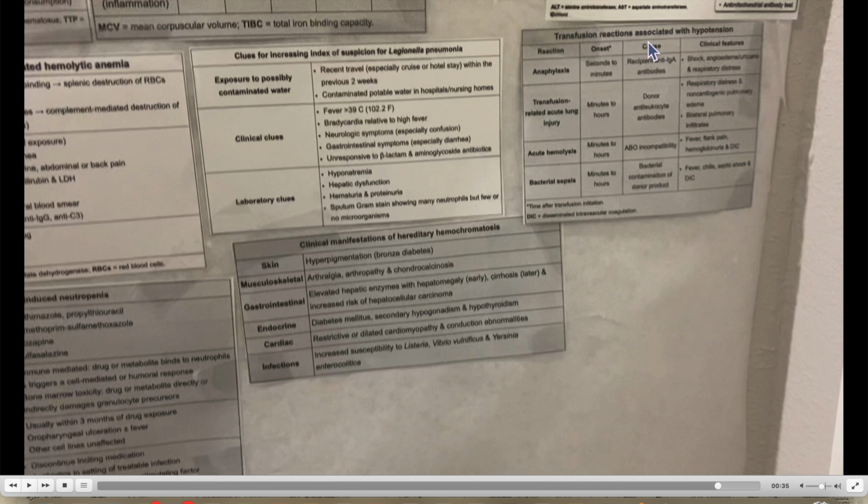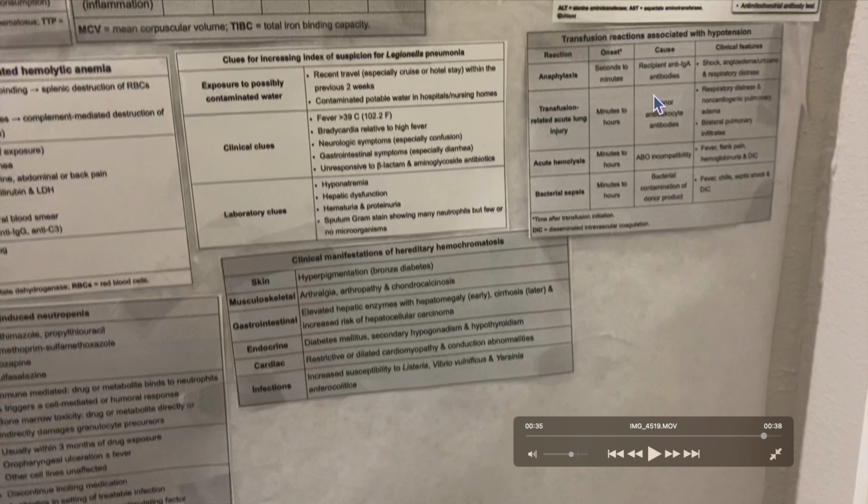Transfusion reactions associated with hypertension. Okay, you need to know this anyways, and I would recommend going back to the Step 1 book. They explain it really well. However, some things differ in this than that, so we'll just cover that here. Anaphylaxis onset is seconds to minutes, right? It's right away while they're operating. If it's happening right there, they're having an anaphylactic reaction.